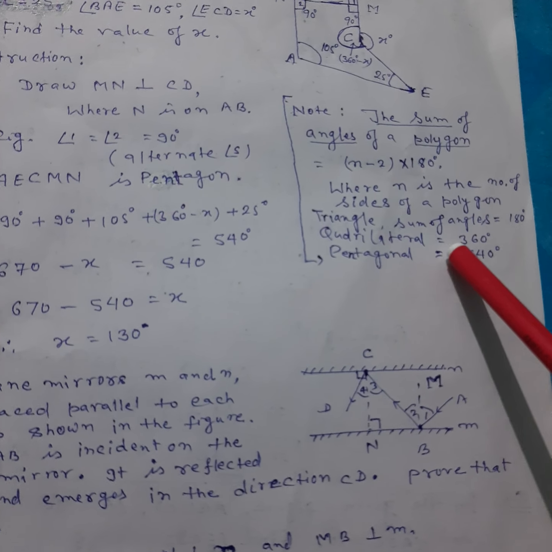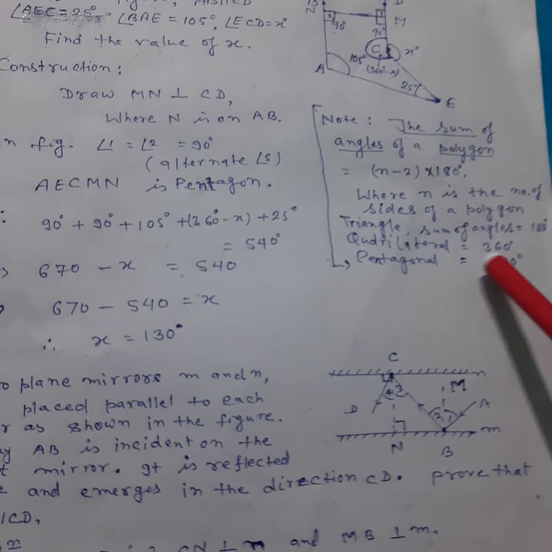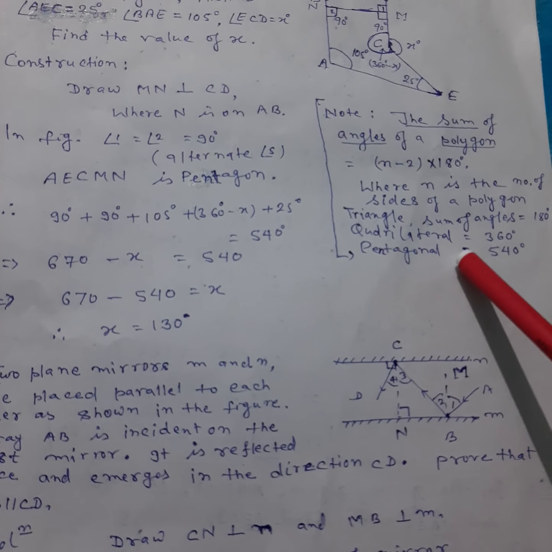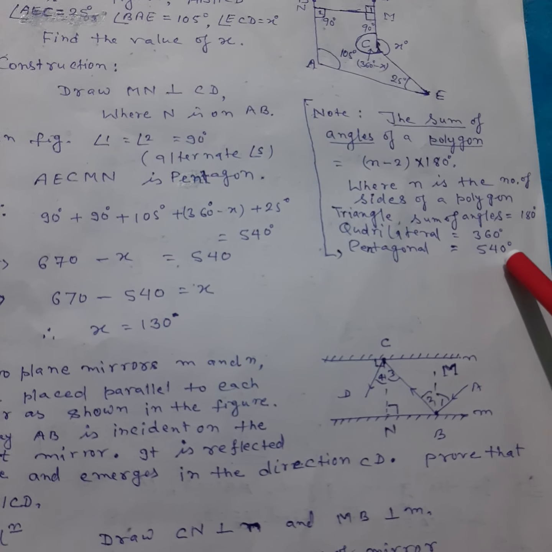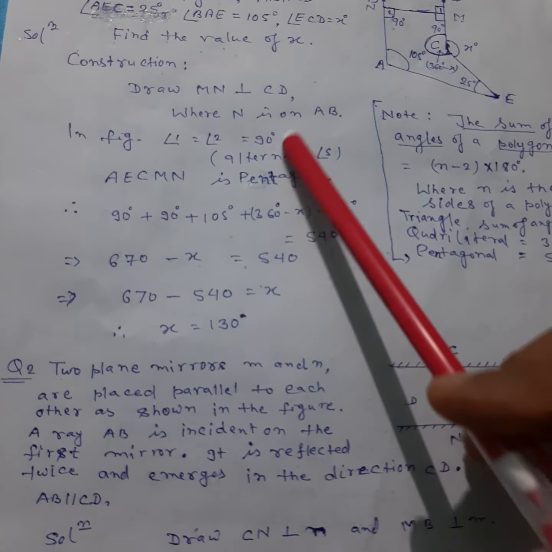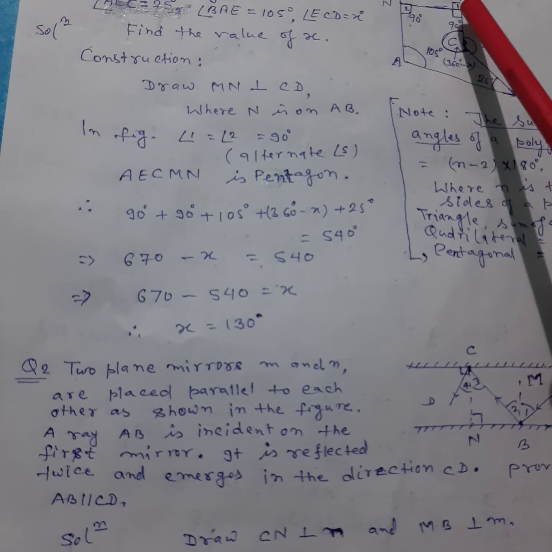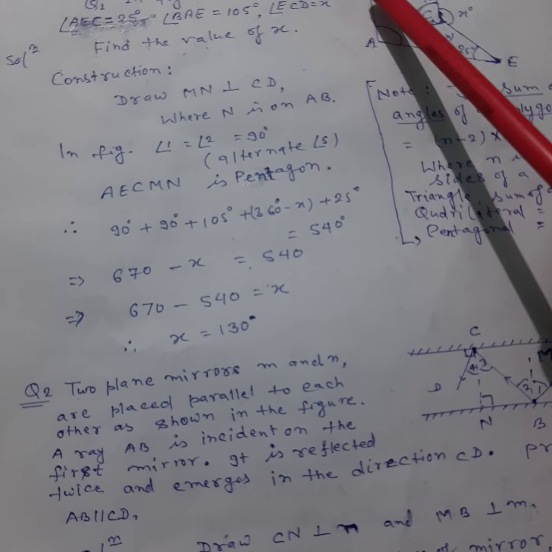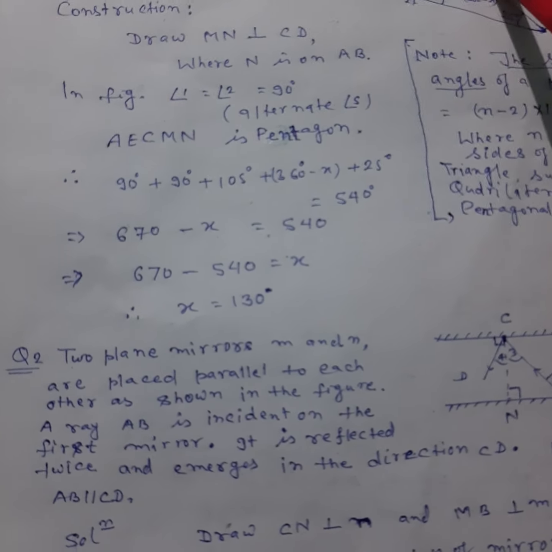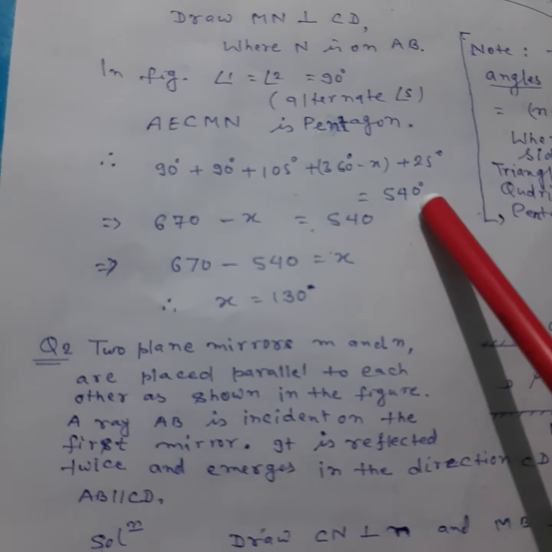The sum of angles of a triangle is 180 degrees, of a quadrilateral 360 degrees, and of a pentagon 540 degrees. AECMB is a pentagon, and the sum of all 5 angles is 540 degrees.